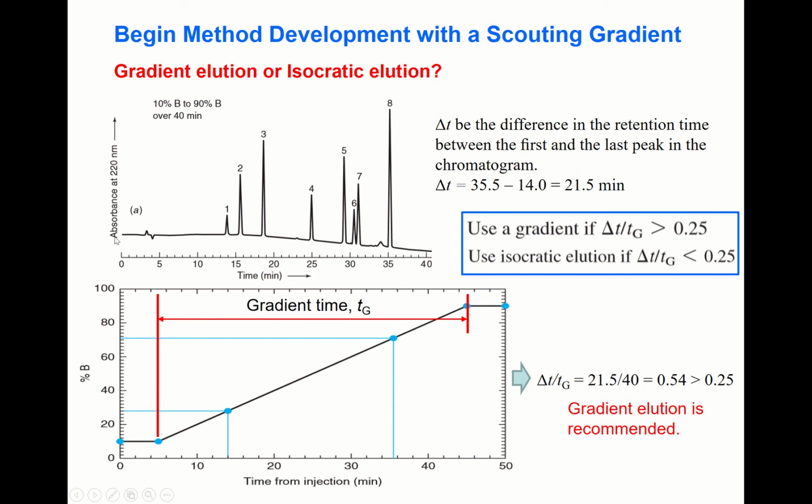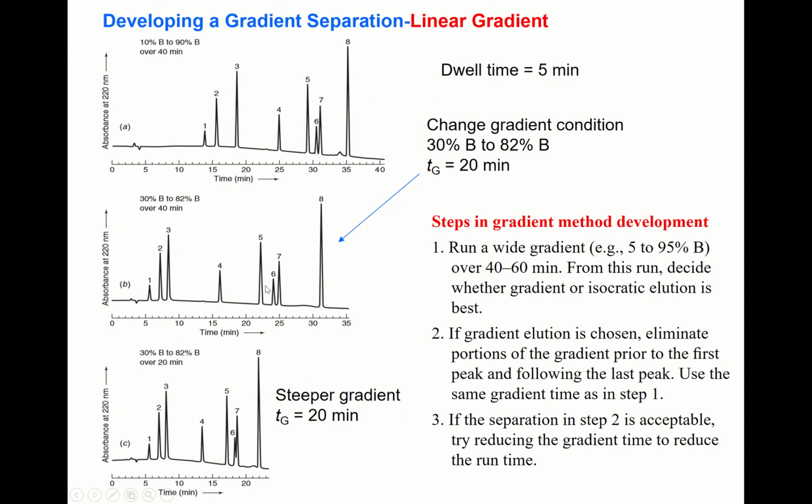But look at the initial part, up to maybe 13 minutes. There's nothing up to about 13 minutes, so it is important to reduce this time, and then we can do much better.